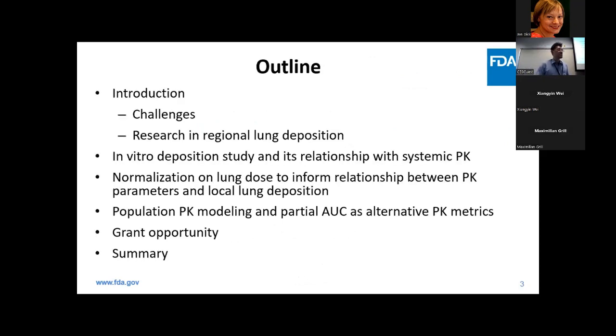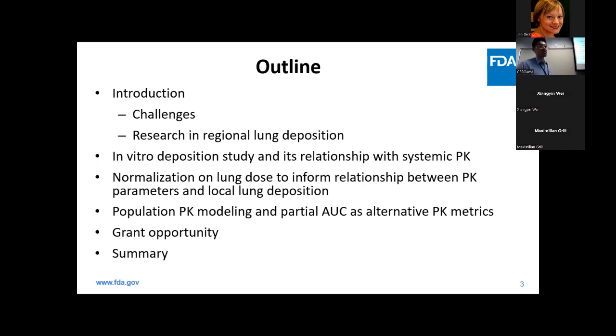I was going to do a few outlines: the introduction, talk about what is the challenge that has already been talked about, and then look at what kind of research is currently available, and then look at an example on the in vitro deposition study and its relationship with the PK.